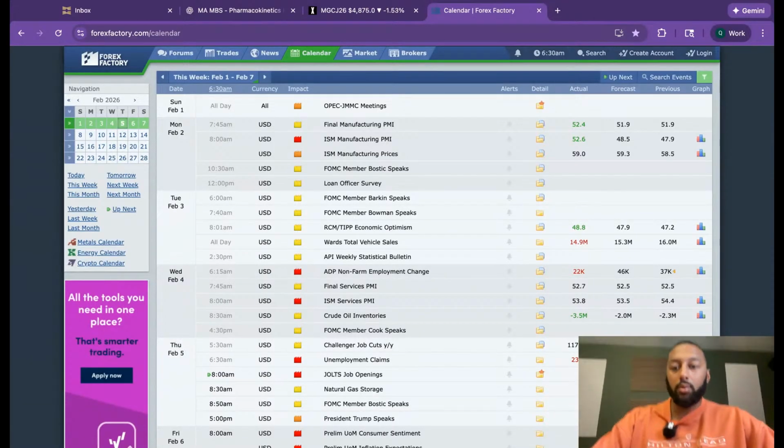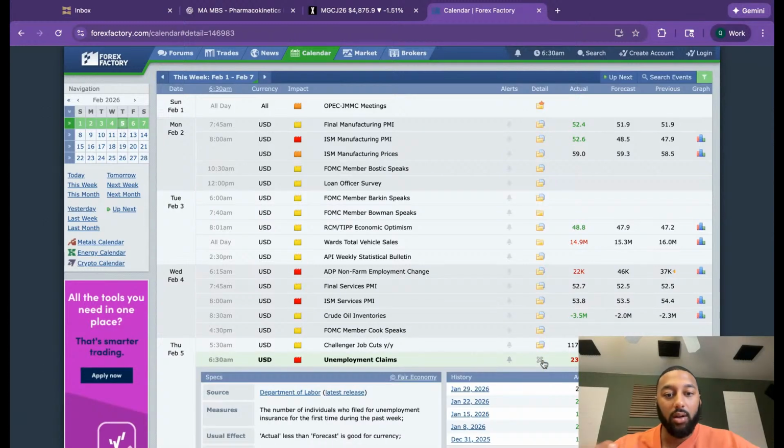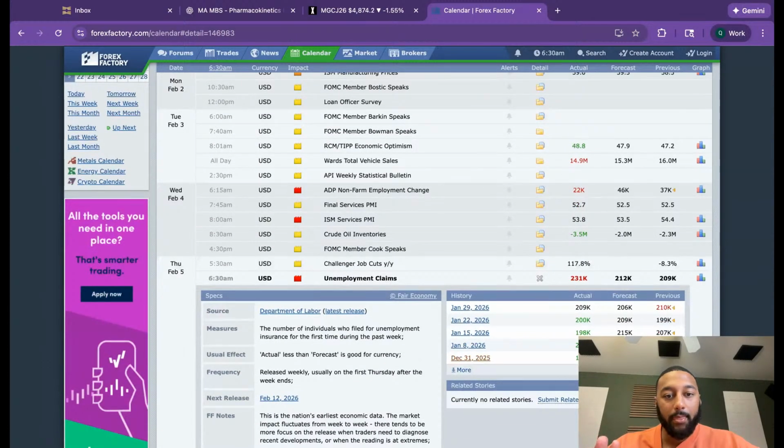All right. So unemployment claims is one of those folders where actual greater than forecast is bad for currency. I believe that's how they'll frame it. Okay, I just flipped it. So actual less than forecast is good for currency. Ergo, actual greater than forecast is bad for currency, right?